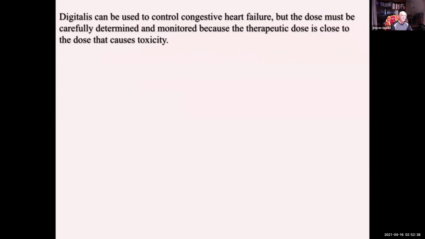Okay. Digitalis can be used to control congestive heart failure, but the dose must be determined and monitored because the therapeutic dose is close to the dose that causes toxicity. The heart can beat so fast that it destroys itself. So you have to be very careful with digitalis, okay? Because it's a very powerful drug.